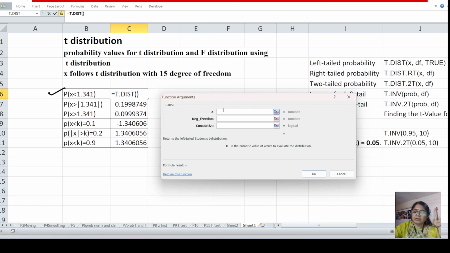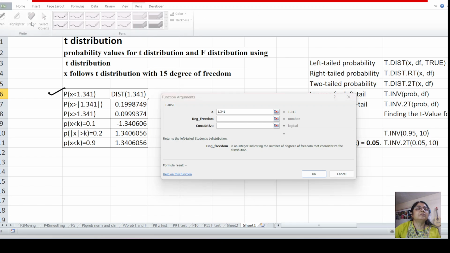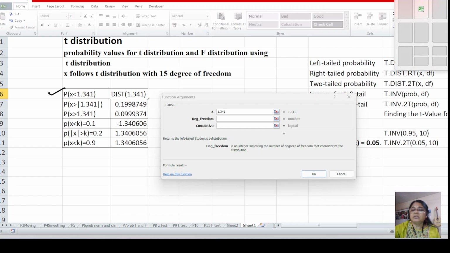So I will type here 1.341. The degree of freedom is given as 15 in the question. We can see here this is the degree of freedom, it is 15.